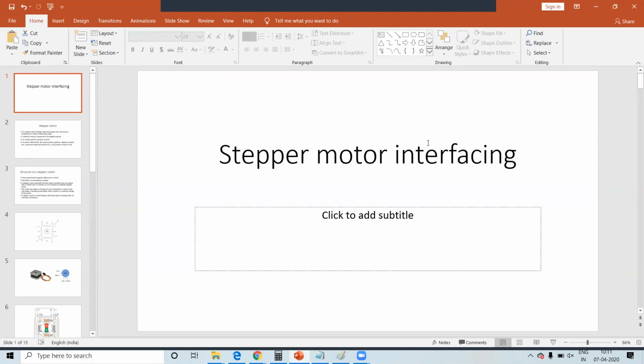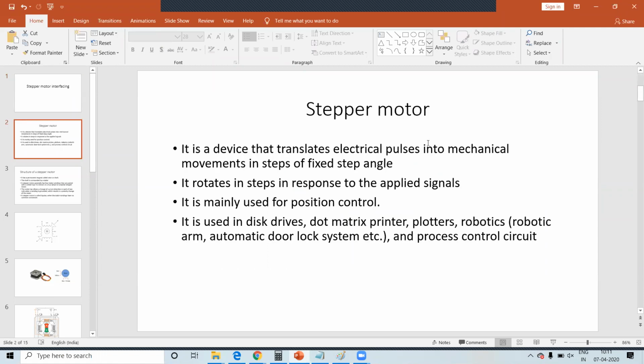A stepper motor is one which rotates in a particular direction with a constant speed. As per the definition, it translates electrical pulses into mechanical movements, generally a rotation with a fixed step angle. We shall see what is meant by step angle further.